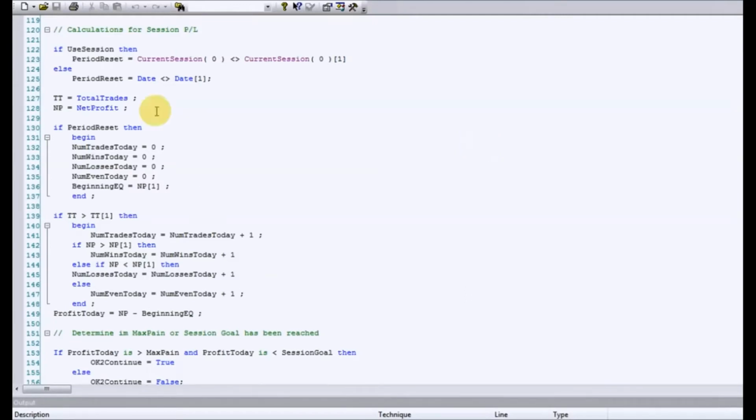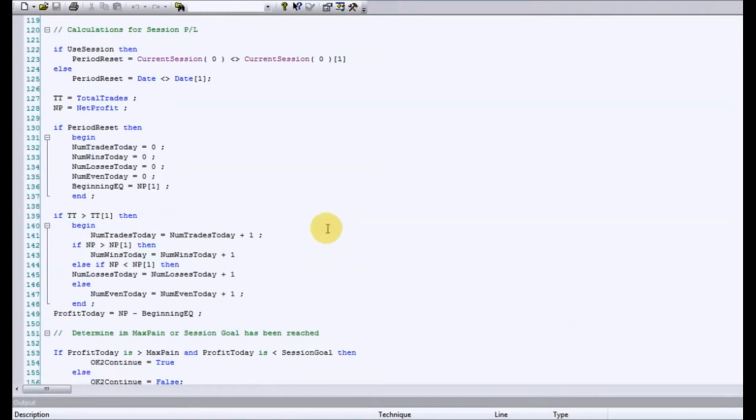So it helps you, make notes to yourself, in essence. Just like in TradeStation coding, like this OK to continue thing, I actually type out OK to continue is true. But if you just say if OK to continue, you don't even need the equal true. It already knows that. But I like to put it in there for my own ability to understand what my thought was on that strategy.